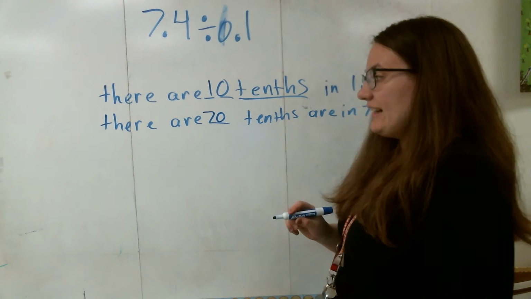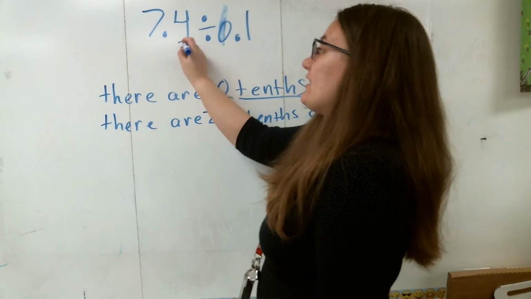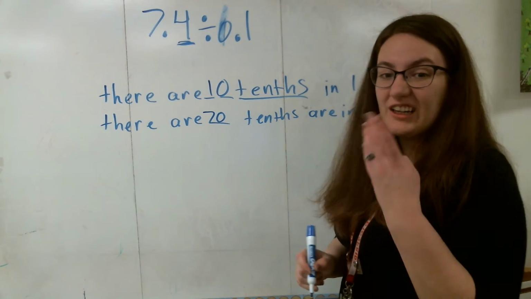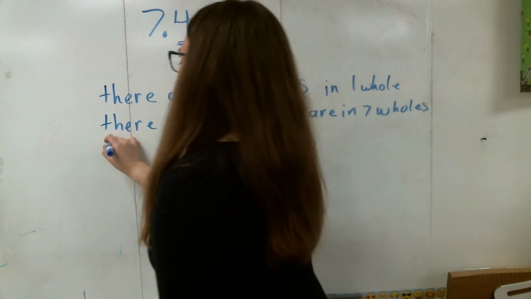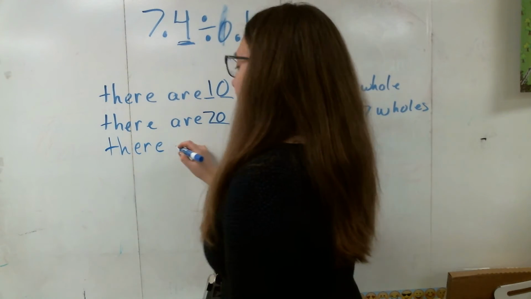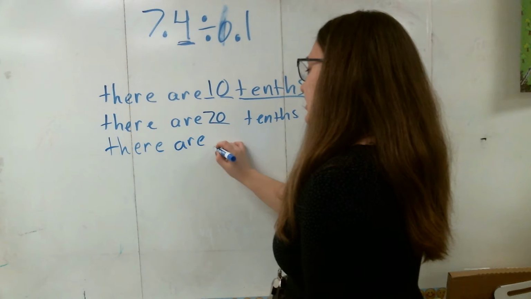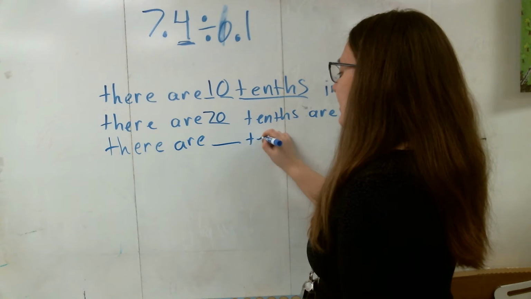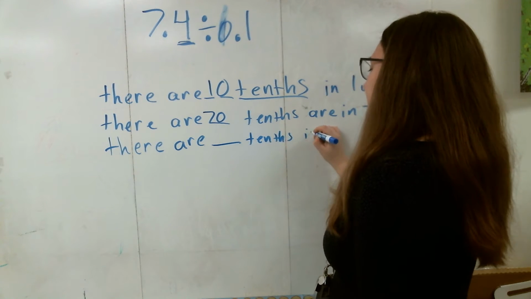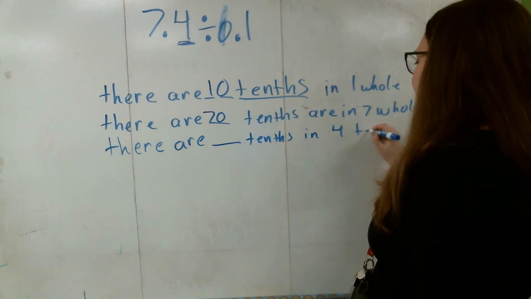So I have 70 tenths, but I still have this 4 to worry about, and that 4 is in the tenths place. You're going to see this in your problem set and homework set a lot, where it's going to say there are blank tenths in 4 tenths.